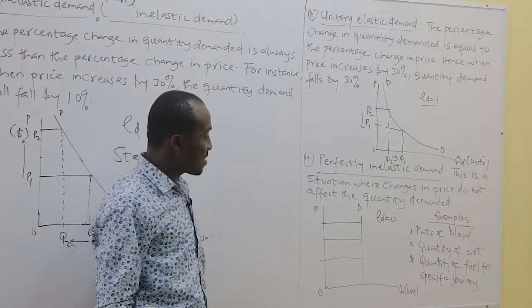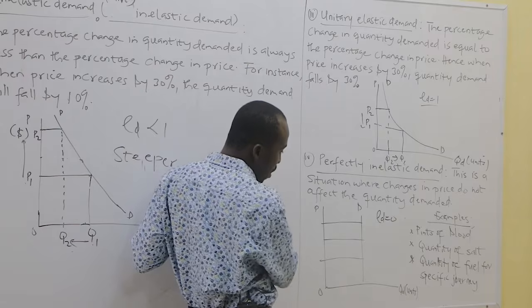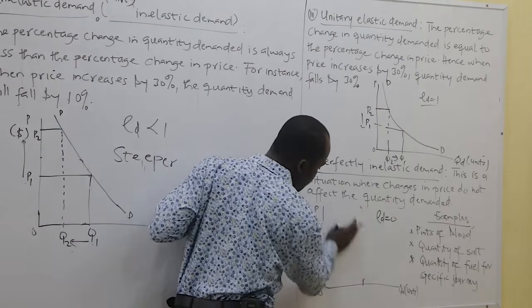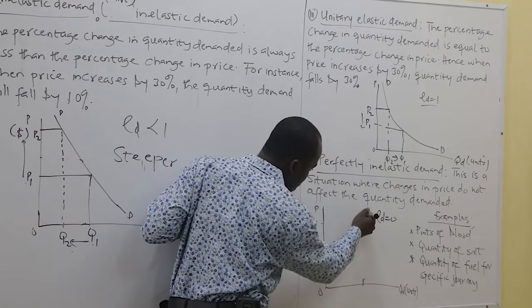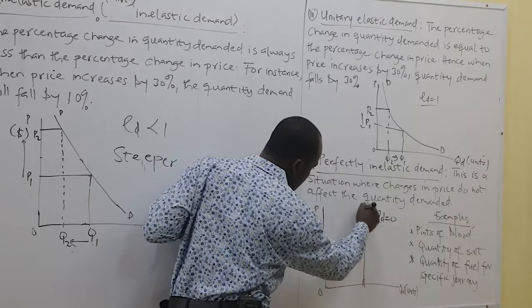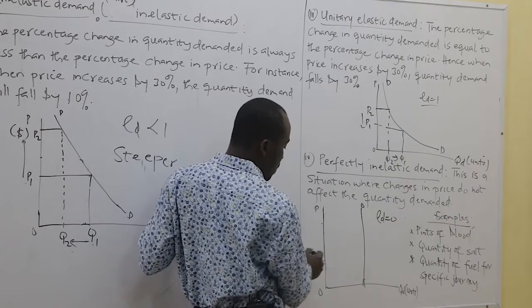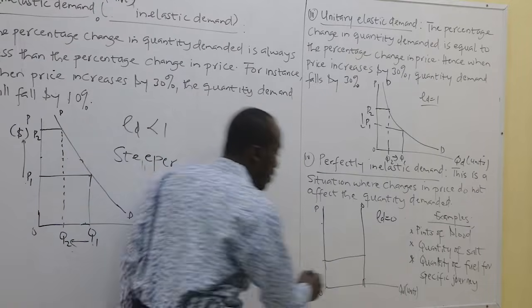With fairly inelastic demand, when price changes, let's look at the price. Let me sketch something for you to see. The price was here. The quantity demanded was still constant.